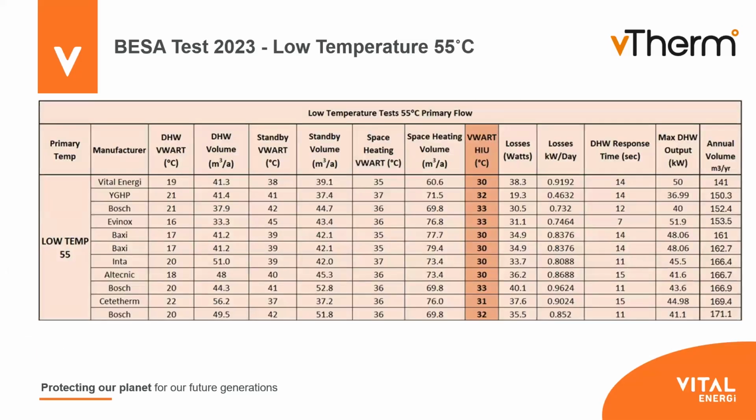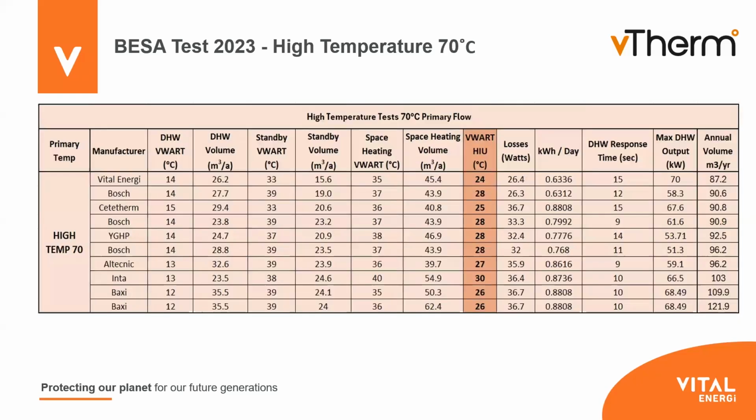So if we look at the different manufacturers that currently have tested to BESA 2023, one of the main elements is that you want to look at the lowest VWAT of the HIU. But also another key element that people want to be aware of is the annual volume. And very quickly, you can see the different volumes, and other manufacturers have a VWAT of 30, and then they're gradually creeping up.